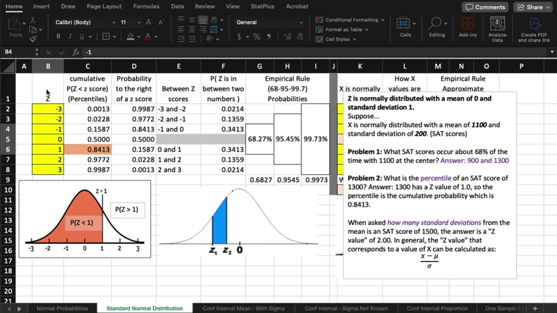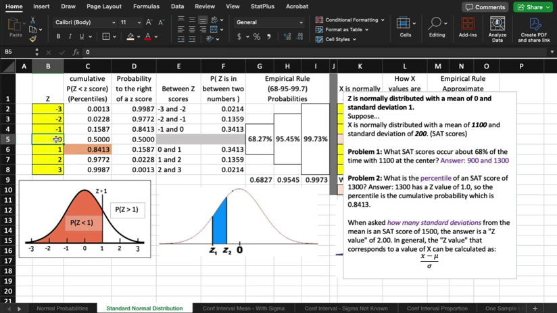Just to recap, we have a random variable which we denote with capital Z, and it measures how many standard deviations away from a mean you are. So if you're right at the mean, then your Z-score is 0 because you're at the mean.